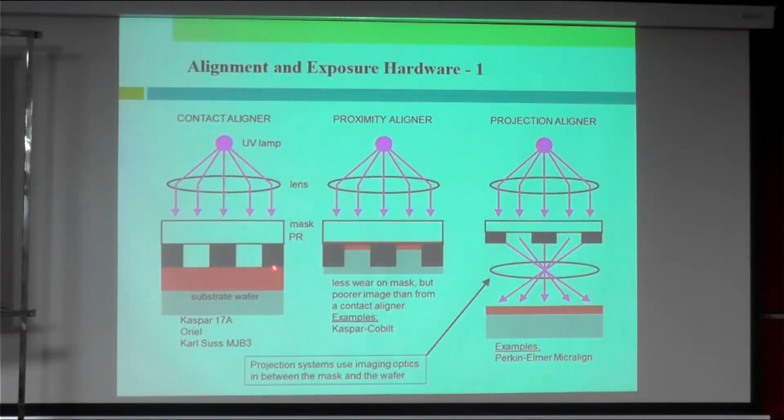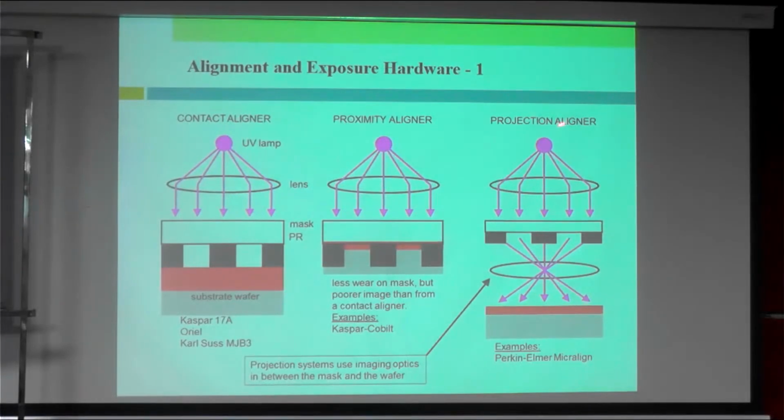So this is contact, where the mask is in contact with the photoresist. This is the proximity aligner. So there is less wear on the mask, but poorer image than a contact aligner. Meaning it's not in contact, just above, maybe a few nanometers or micrometers on top of the photoresist.